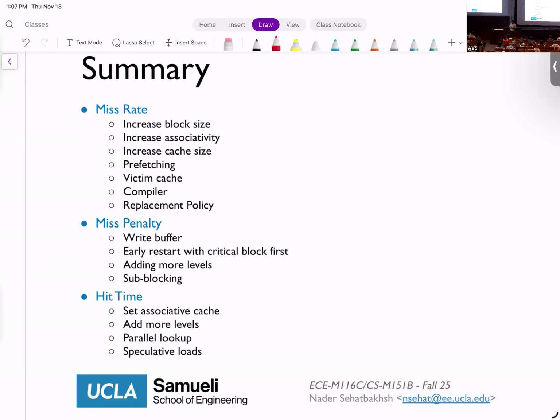And for hit time, you use associativity, essentially using direct map or set associative instead of fully associative, you add more levels, you do parallel lookup, and then you do speculative loads. This way you can improve the hit time. There are a few more, but these are the main ones that you see in all the modern processors for how you increase the performance of your cache.